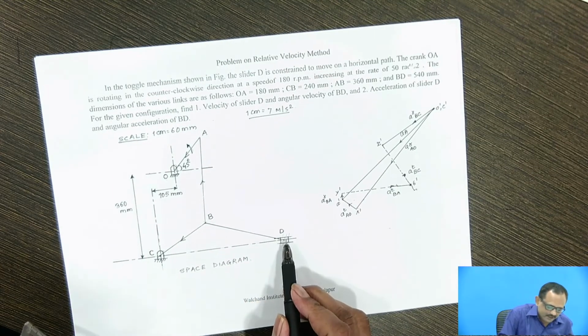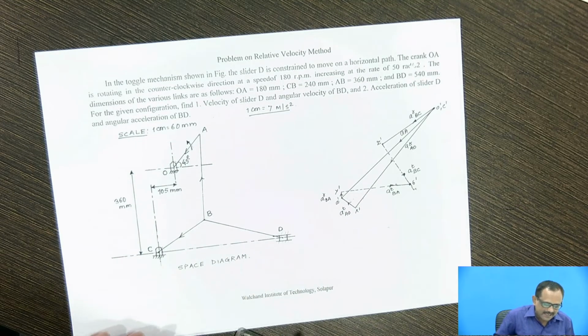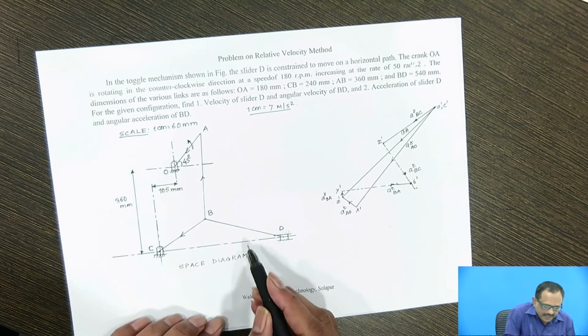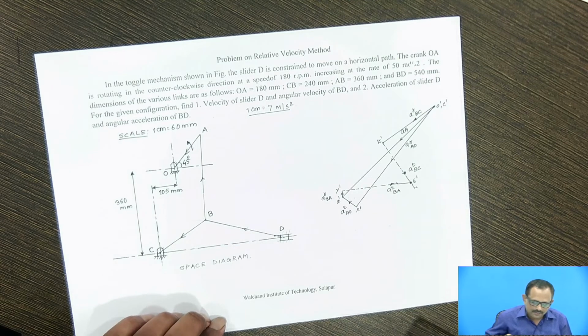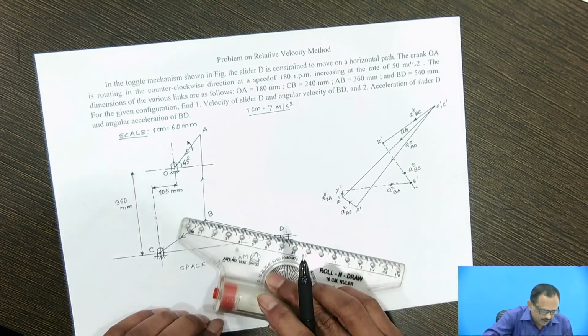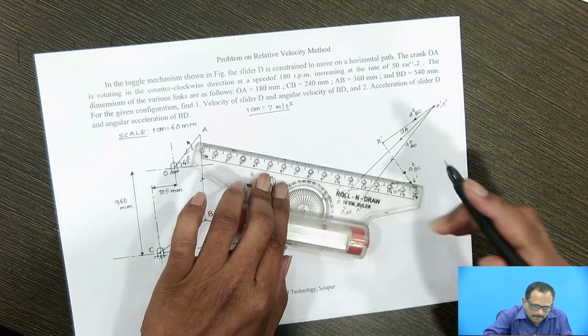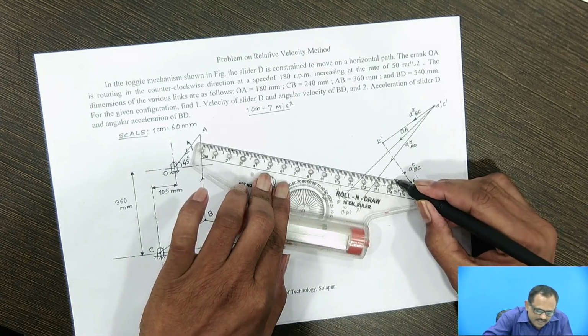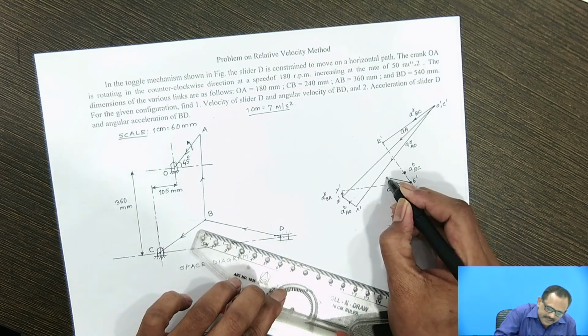Now, acceleration of D with respect to B. The radial acceleration of DB we have calculated as 10.8 meters per second square, and that radial acceleration will act parallel to link BD and towards B. So, from point b' here, draw a vector parallel to link BD. This is vector b's'.